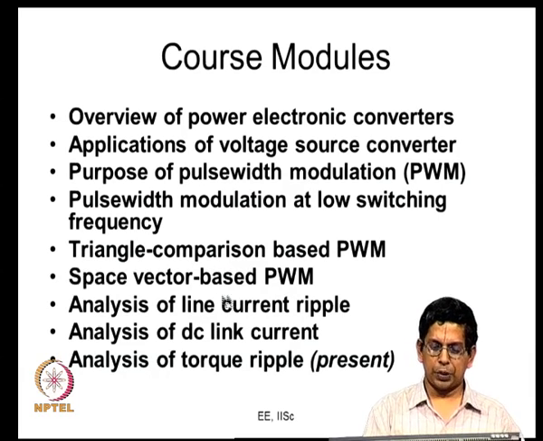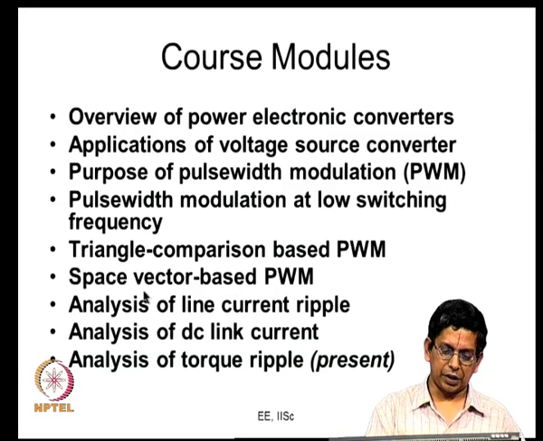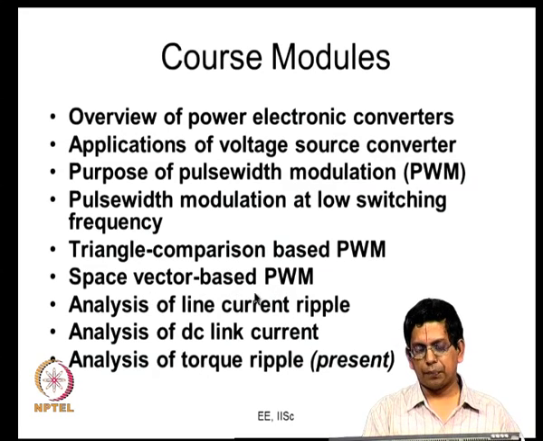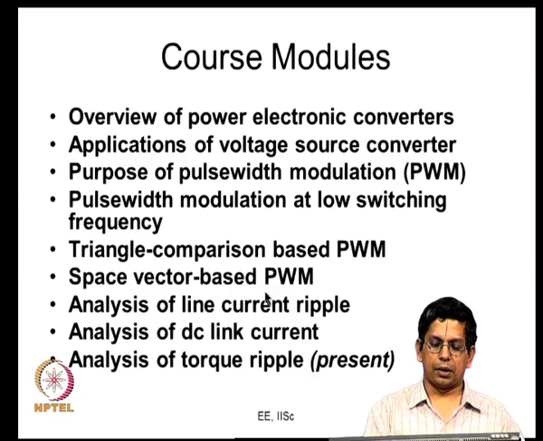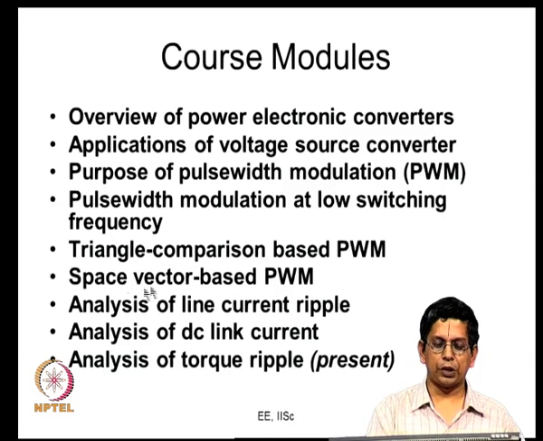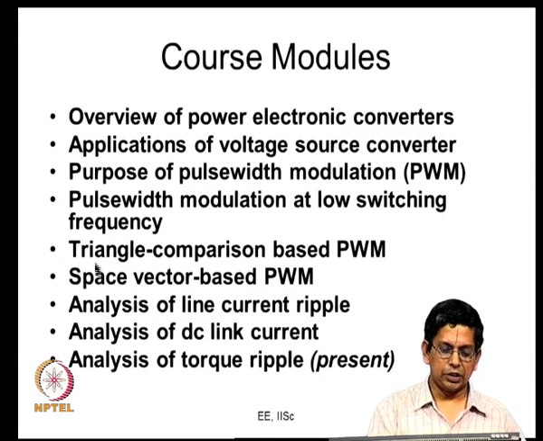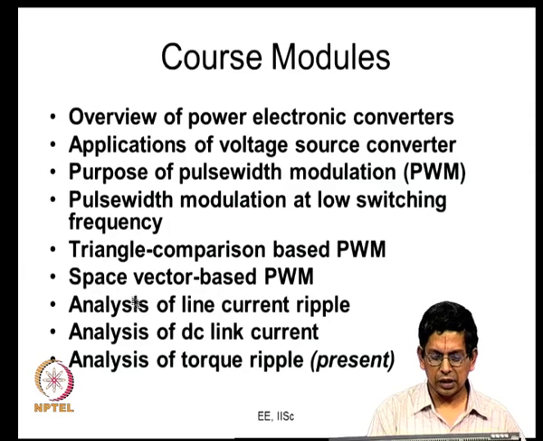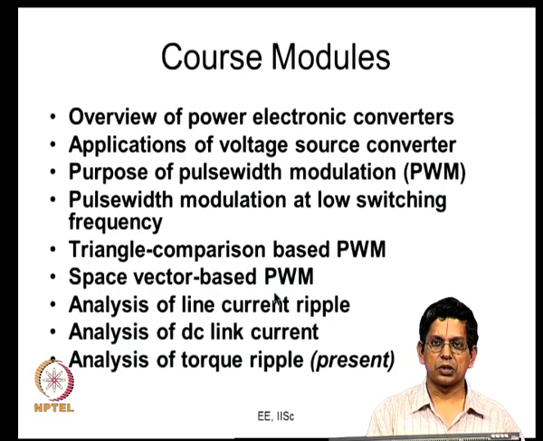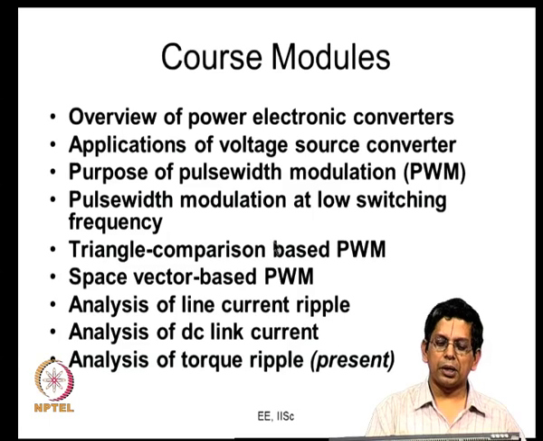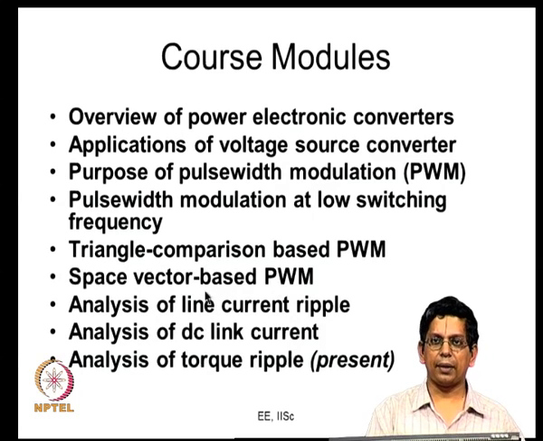Or you can use the space vector approach, where the reference is provided as a revolving voltage vector, and this voltage vector is sampled and you apply voltage vectors and use the time averaging of different voltage vectors produced by the inverter to synthesize it. As I mentioned on a number of occasions, there are some space vector based PWM schemes which cannot be implemented based on the triangle comparison approach. That is, space vector based PWM can do a little more than what triangle comparison can do.